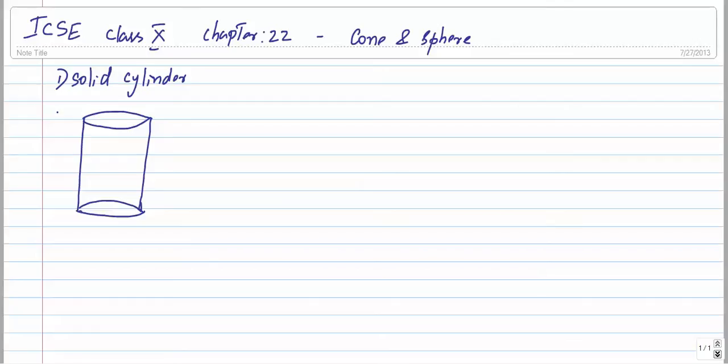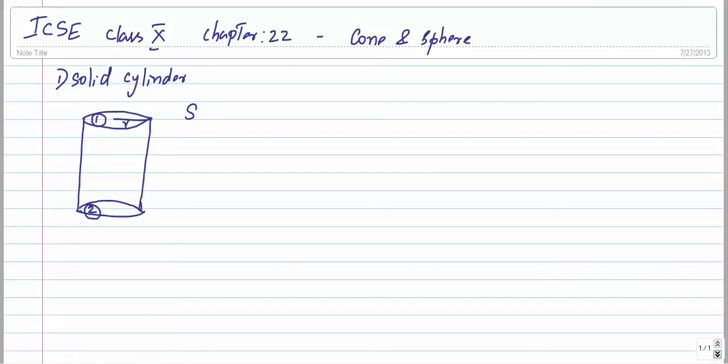In the figure, you can see the solid cylinder, which consists of essentially one surface at the top, surface number 1, one surface at the bottom, surface number 2, and the curved surface surrounding this. Let me call this of radius small r.